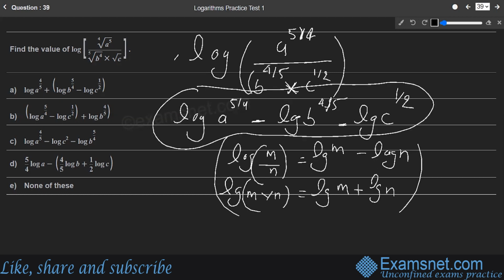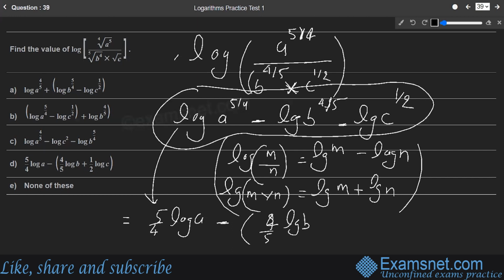But we have to match it with the options, and there is no option in which we get all the terms as minus, so we have to manipulate this further. The first term can be written as 5 by 4 log a. The property used is log m to the power n is n log m. Then minus log of b to the power 4 by 5, so let's take the minus outside common, leaving 4 by 5 log b.